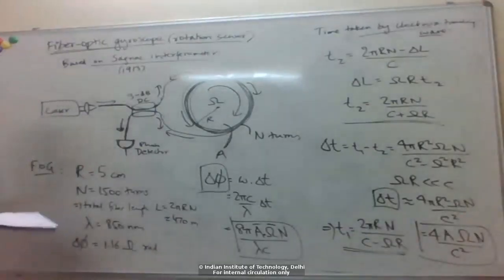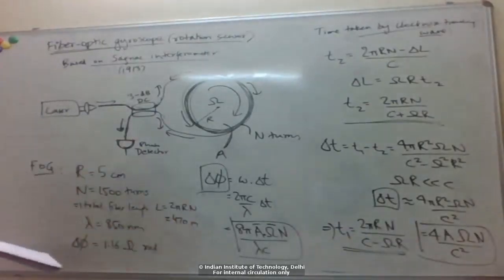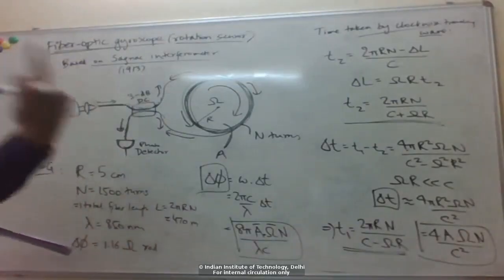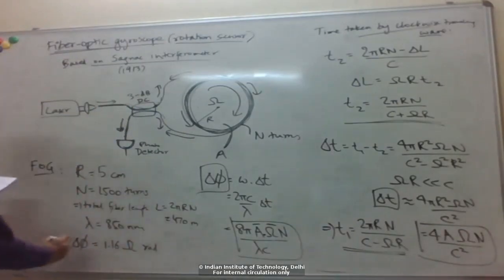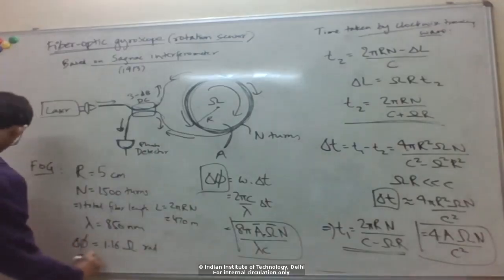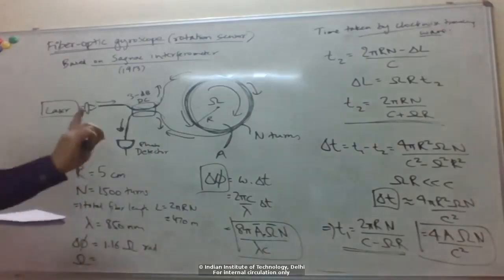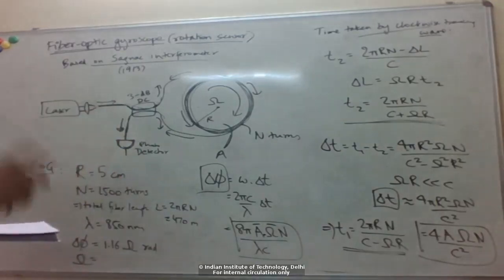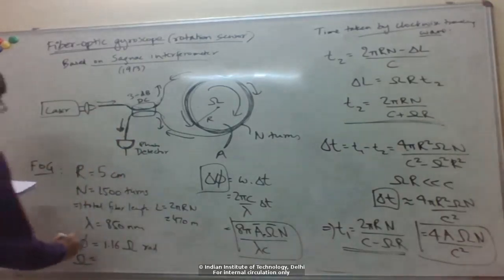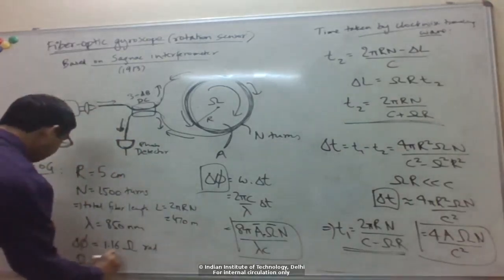Okay, so let's say we place this on the ground. Now we know that the Earth is rotating, right? So the rotation rate of the Earth: it completes one rotation, 360 degrees, in 24 hours, so the rotation rate is 15 degrees per hour.